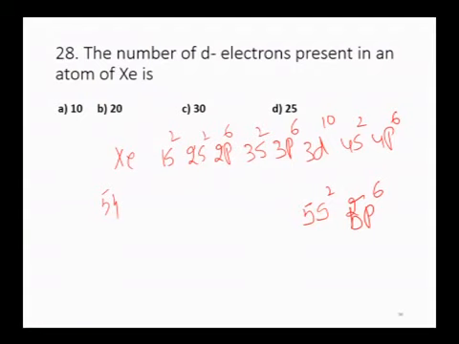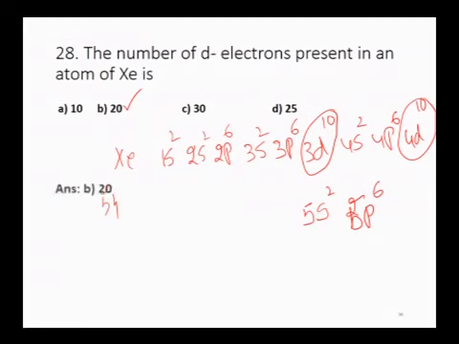The d electrons present in an atom of xenon are 3d10 and 4d10. So, the answer is B, that is 20. 20 d electrons are present in xenon.